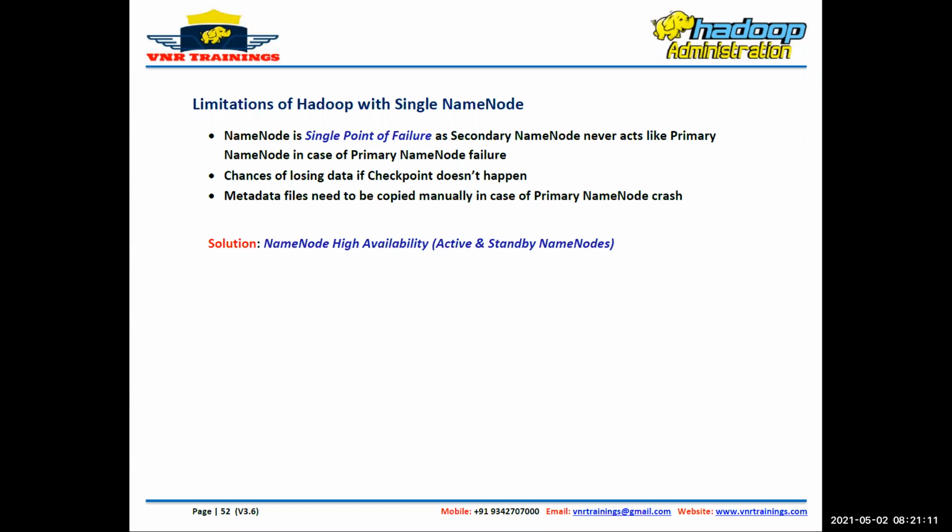When you get a new machine, you have to manually copy all these FS image and edit log files from the secondary name node to the primary name node, and then start the primary name node. But still there is a chance of loss of transactions. What is the solution now? Everybody told that Hadoop is good, but it has one main drawback: the name node.